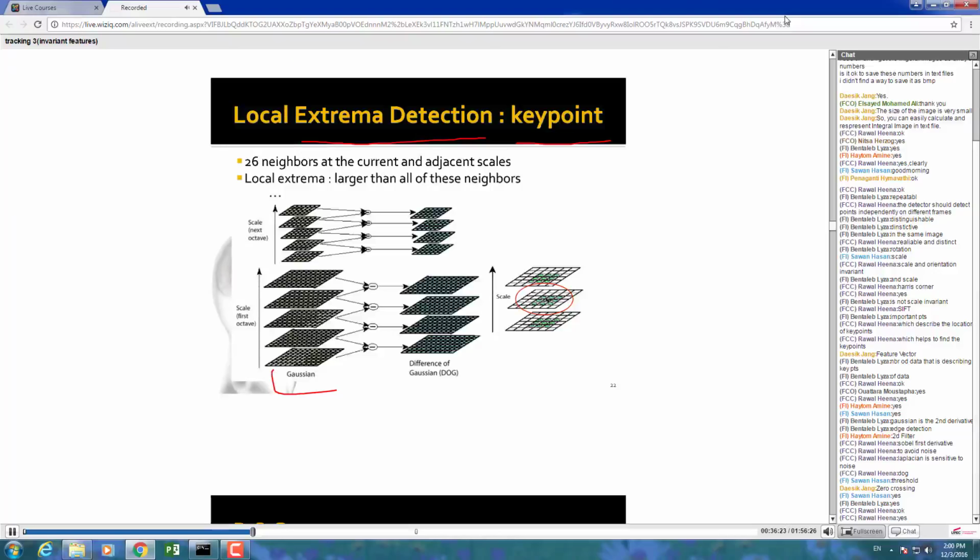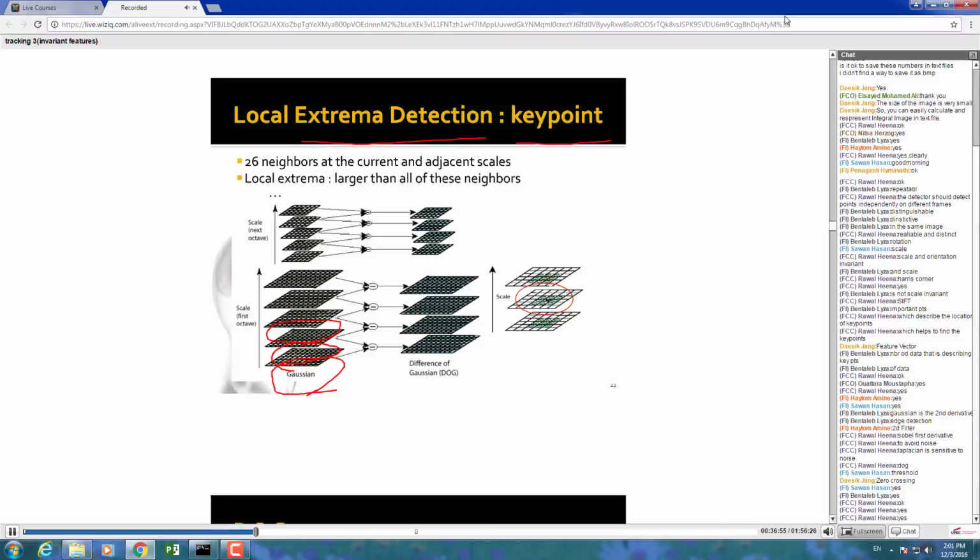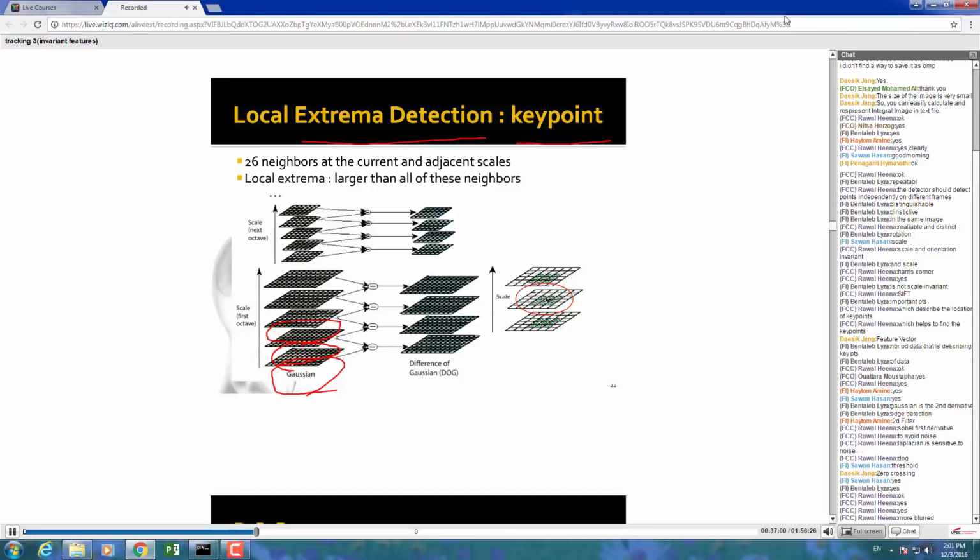So let's consider the scale space again. For example, we have the original image, and we apply a Gaussian, and then we get a little bit blurry image. For the next one, we apply one more Gaussian. In this case, we are increasing the sigma. Do you understand the role of the sigma parameter in the Gaussian function? If we increase the sigma value, then what happens?